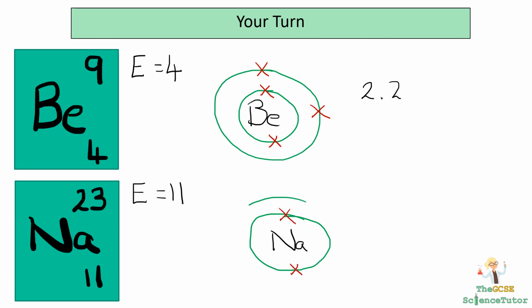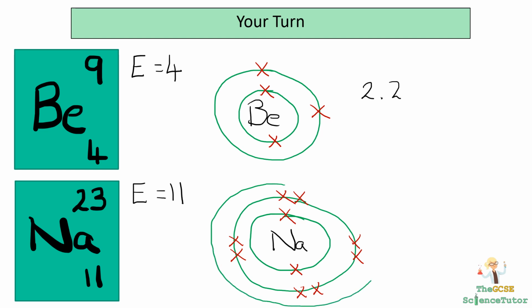We're going to draw the second shell, which can hold a maximum of 8. 1, 2, 3, 4, 5, 6, 7, 8. We have 10 in total, so we need to put the final 11th electron in the third shell. We can now draw our electronic configuration as 2.8.1.